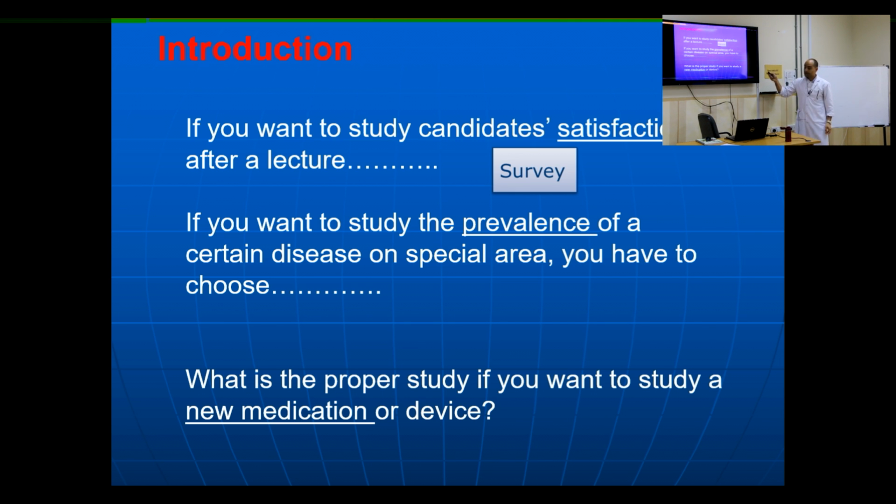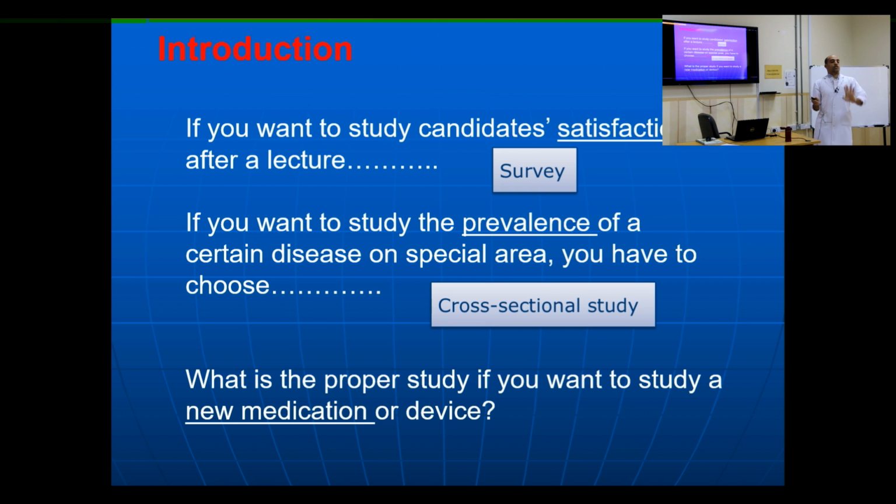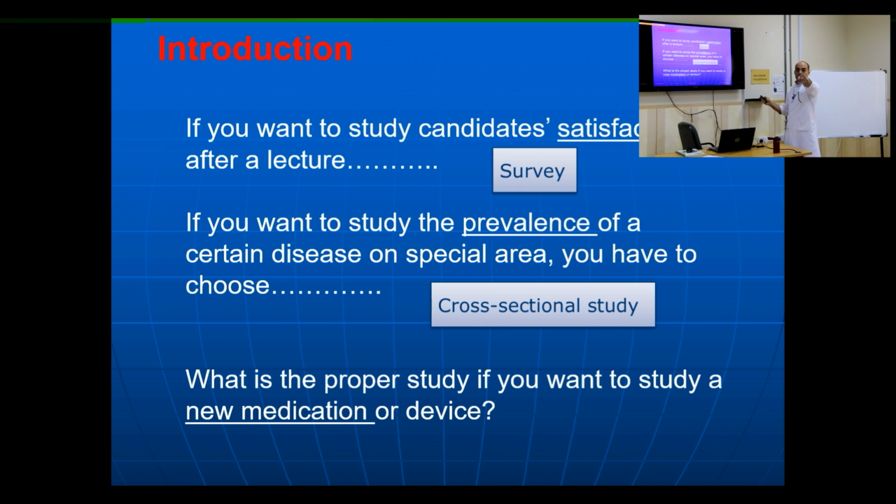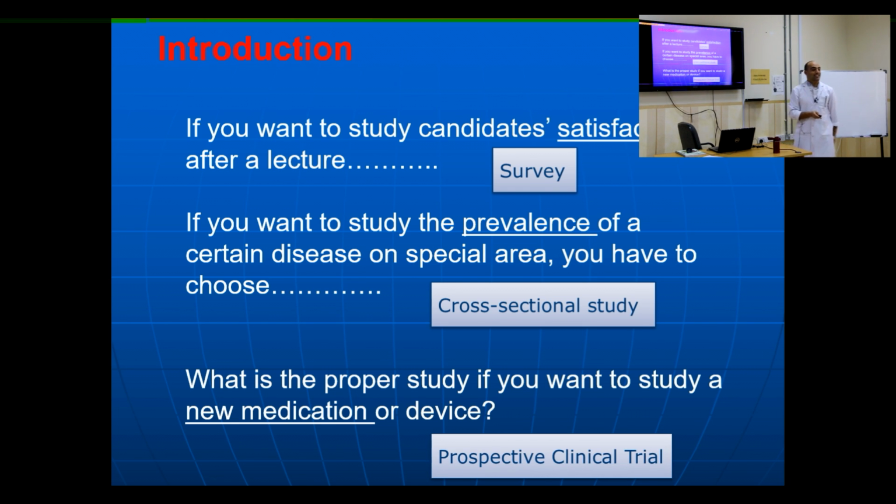If you want to study the prevalence of a certain disease in a specific area, you have to choose a cross-sectional study. Prevalence, cross-section. What is the preferred study if you want to study a new medication or device? A clinical trial, exactly, a prospective clinical trial.